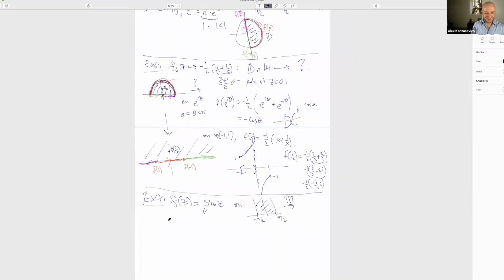Sine of z, as we all know, is e to the iz minus e to the minus iz over 2i, which I will write, moving the i up top. So it's i times negative a half, e to the iz minus 1 over e to the iz.